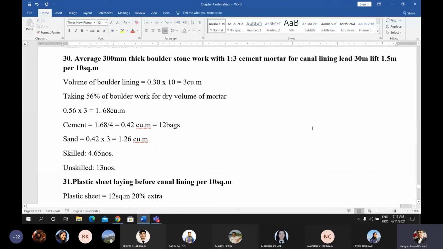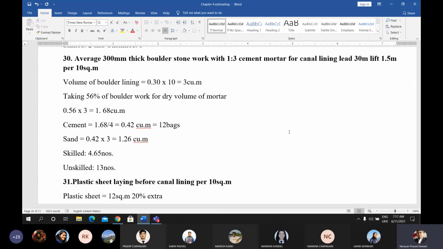Now, average 30 mm thick boulder stone work with 1:3 cement mortar for canal lining, lead 30 meter, lift 1.5 meter, for 10 square meter. This is the average boulder lining, the boulder lining using cement mortar.